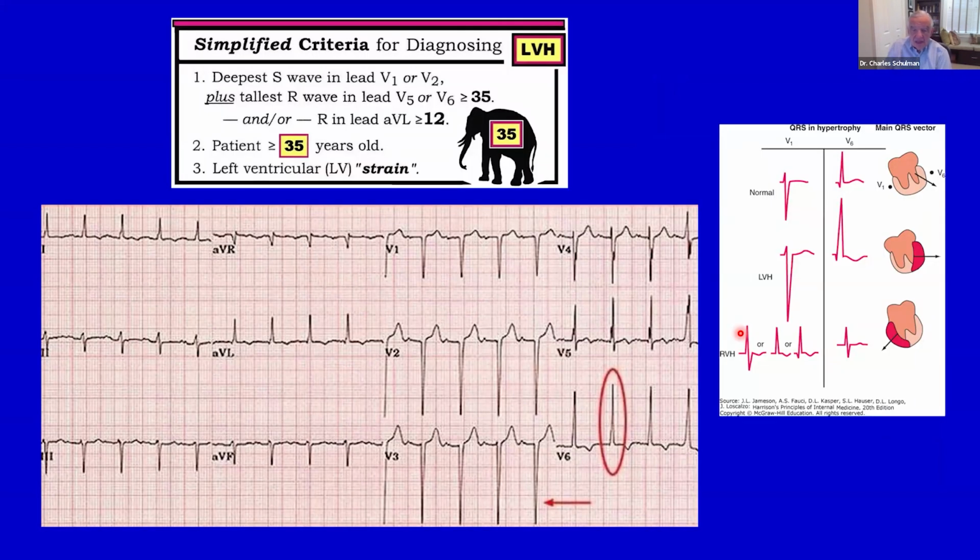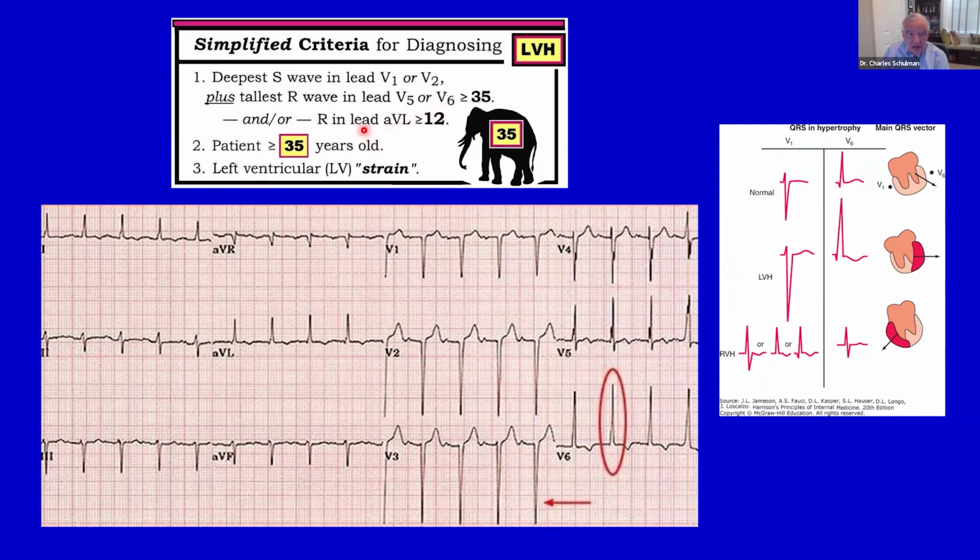Now, ventricular hypertrophy produces increased voltage. That's the characteristic of ventricular hypertrophy. And the simplified criteria for diagnosing left ventricular hypertrophy is a lot of voltage: deep S waves in V1, 2, 3, and tall R waves in V5, 6, which is what this ECG shows.